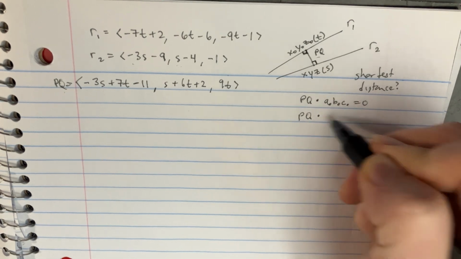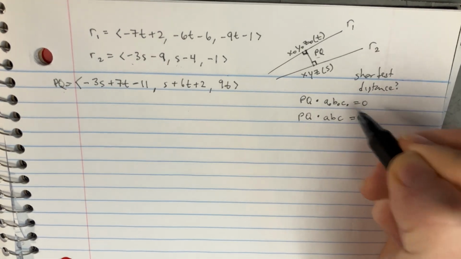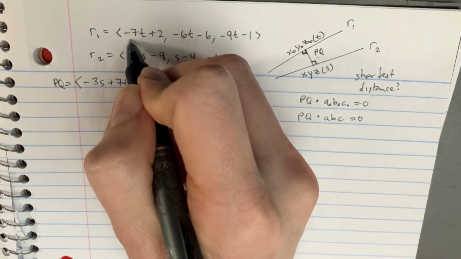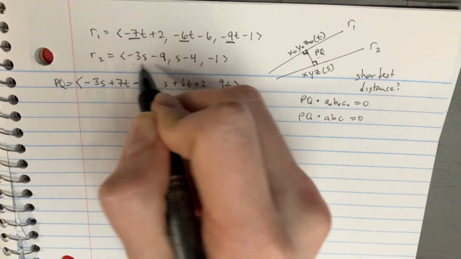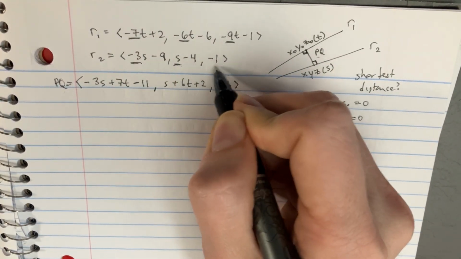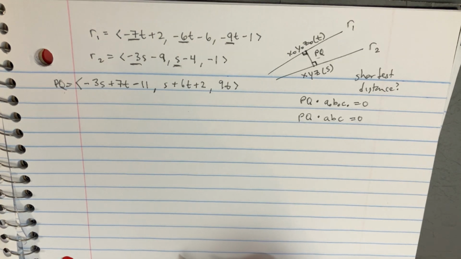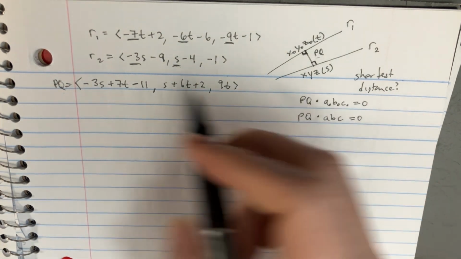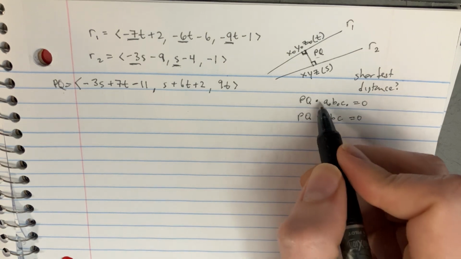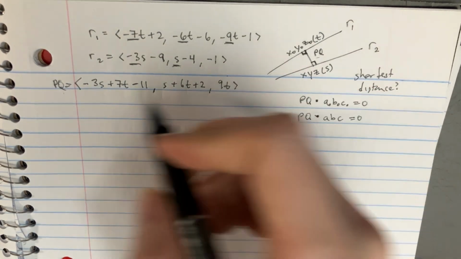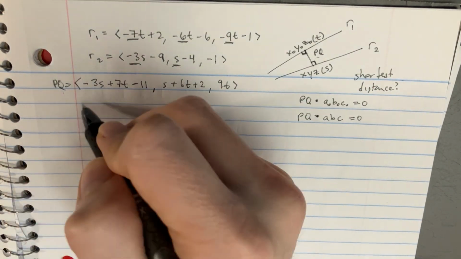And then we do PQ dot A, B, C equals 0. That comes from these. We're finding the direction vectors of those two, dotting that with the PQ that we just found. And that'll help us find this. So let's just go ahead and do that.